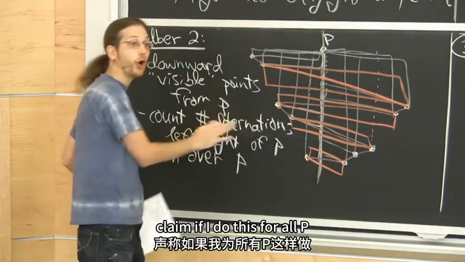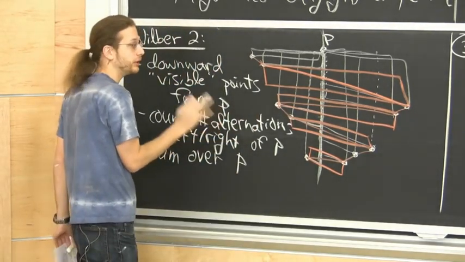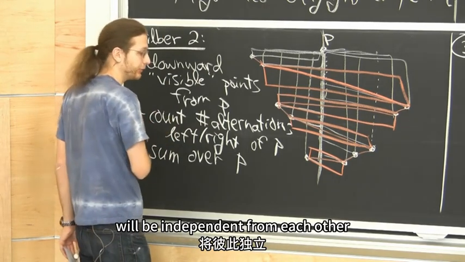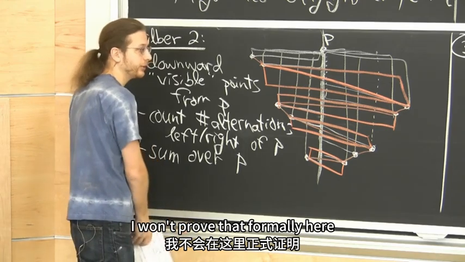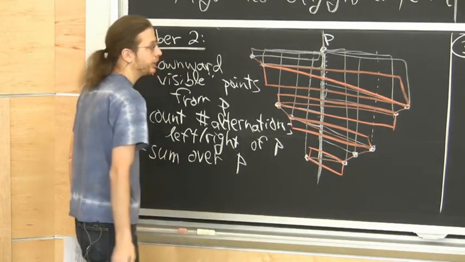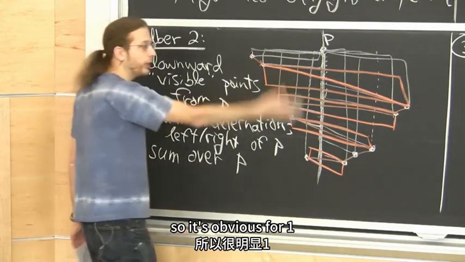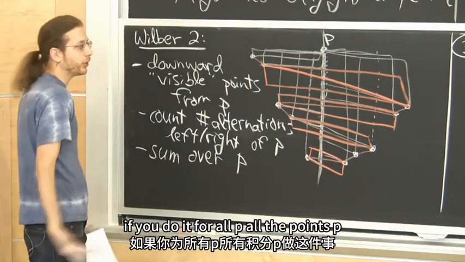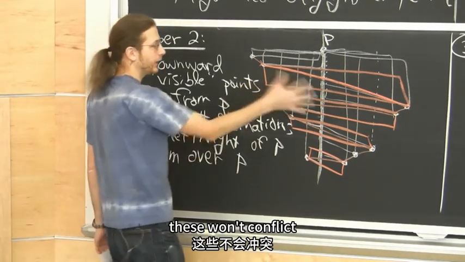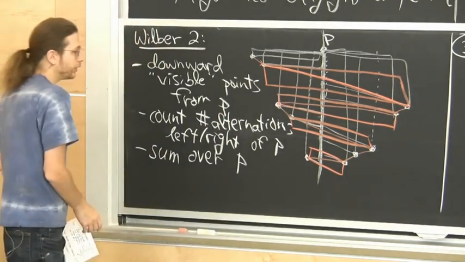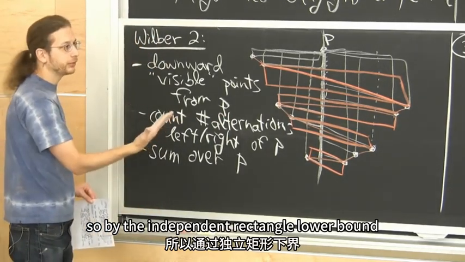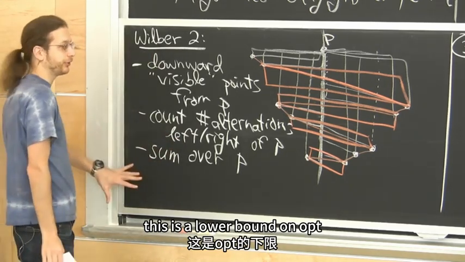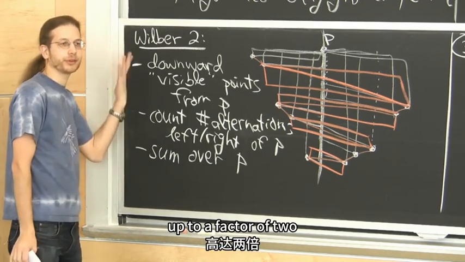Claim: if I do this for all P, all those boxes, all those rectangles, will be independent from each other. I won't prove that formally here, but you can check it. It's obvious for one P, because each of these has a different vertical span. If you do it for all the points P, these won't conflict. So by the independent rectangle lower bound, this is a lower bound on opt, up to a factor of 2.